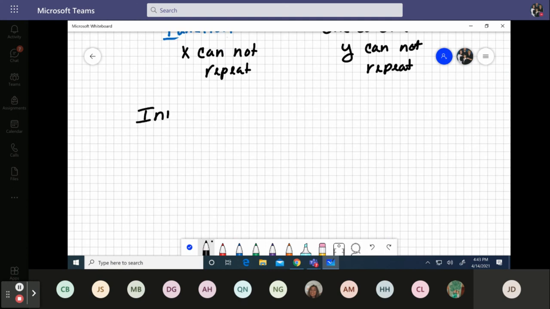When I am talking inverse functions, we swap x and y, right? So write me the inverse for problem 10.